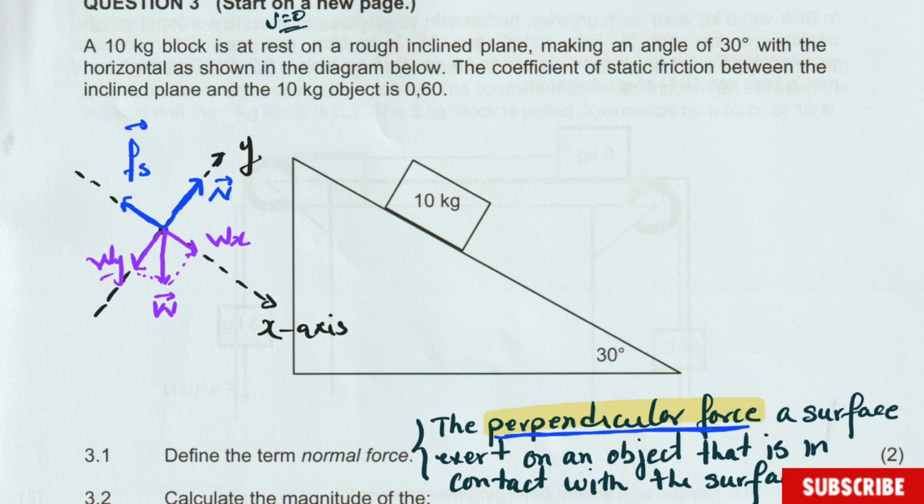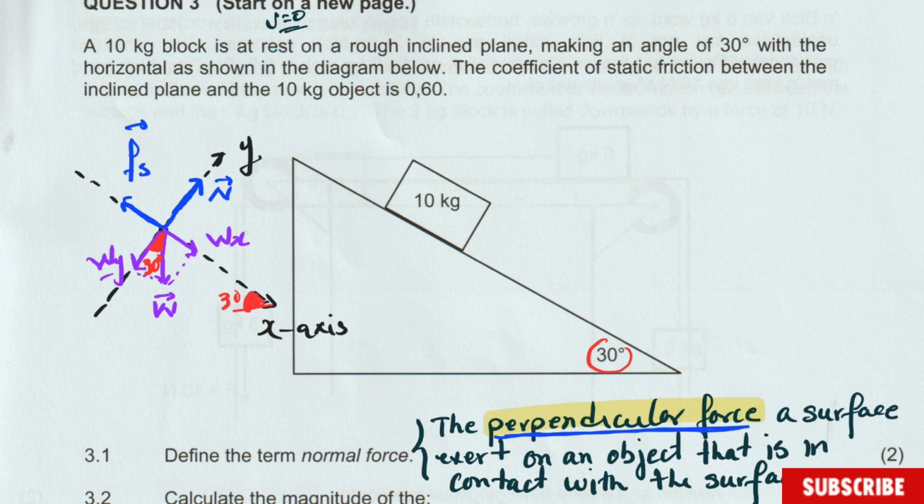And I also want you to remember that the angle of inclination, this 30 degrees, will be this angle here. That one there will also be 30 degrees, saying that this angle here corresponds to the angle of inclination of the inclined plane.